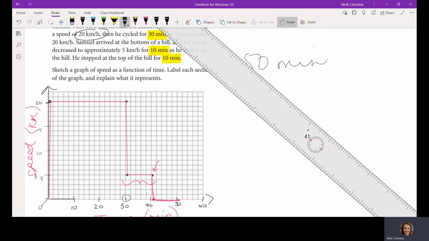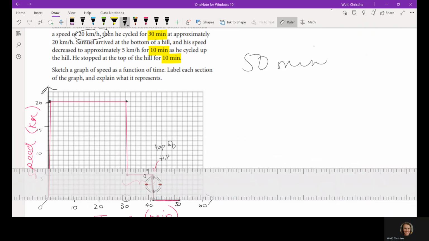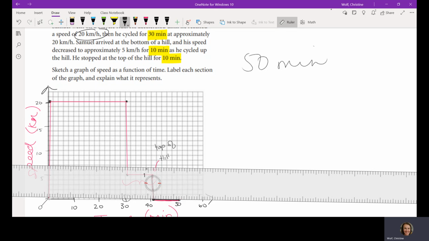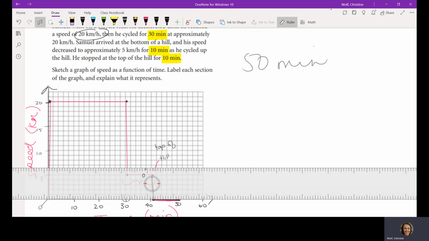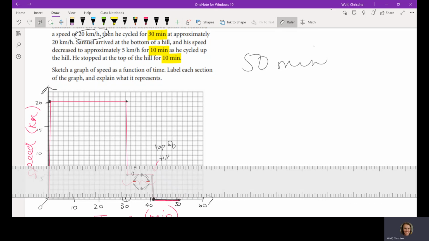So sorry, that's what that should look like. So he gets to the hill right here, top of hill. His speed goes down to 0 immediately once he gets there, and he stays at 0 for 10 minutes. Okay, and we're done. Sorry, butchering this so bad.